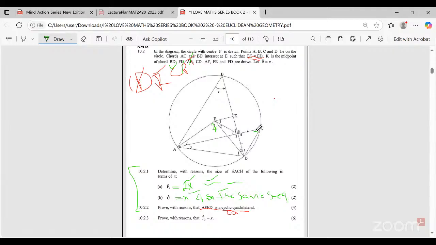We got that this is x, and we found that this one as well is 2x, right? Yes, sir. And then now what we can say is that this is 90 degrees. Angle FKE is 90 degrees. Then you state your reasoning. That's 2 marks.